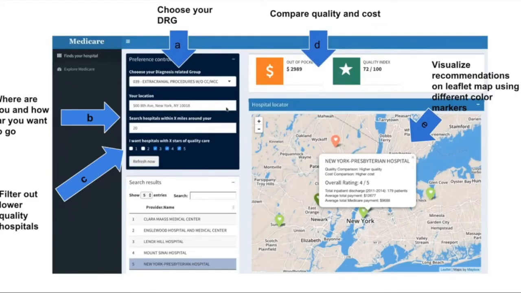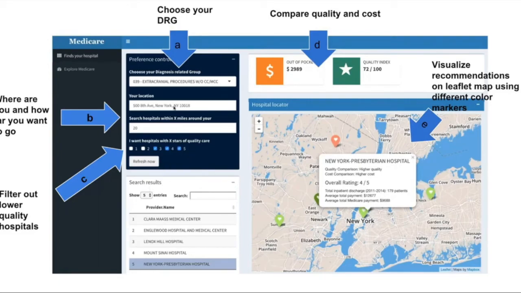You have a preference control panel. You can put in your diagnosis related group, like what kind of problem you have, and you can input your current location. Say right now I'm at 8th Avenue around 34th Street in Manhattan, and I want to search all of the hospitals within 20 miles of my current location, and I only want the application to show me quality of care greater or equal to 3.